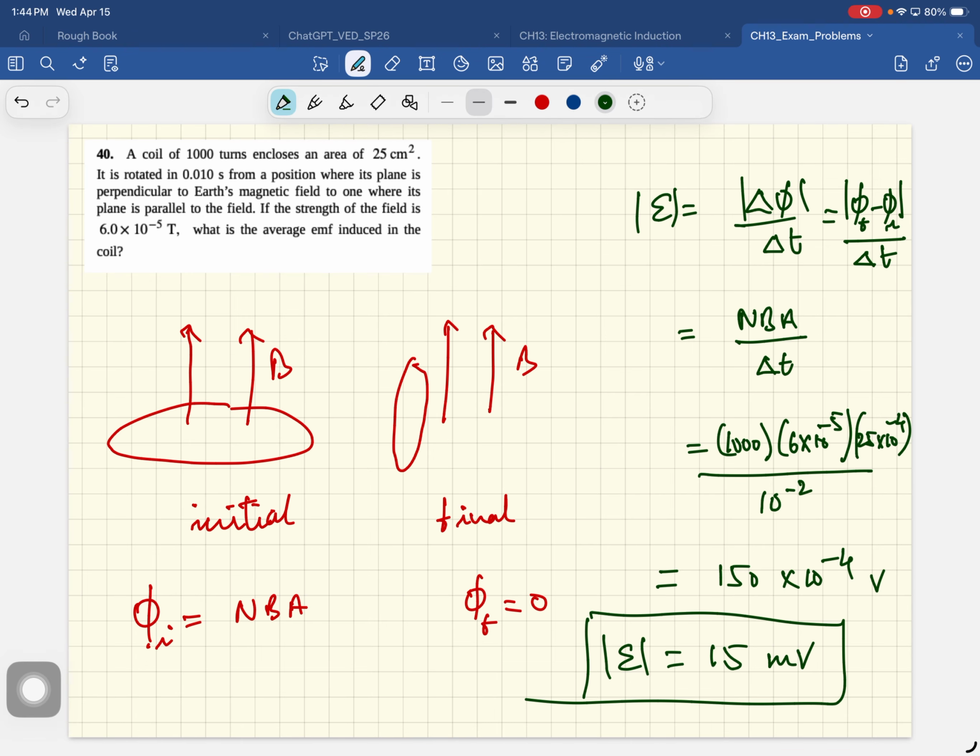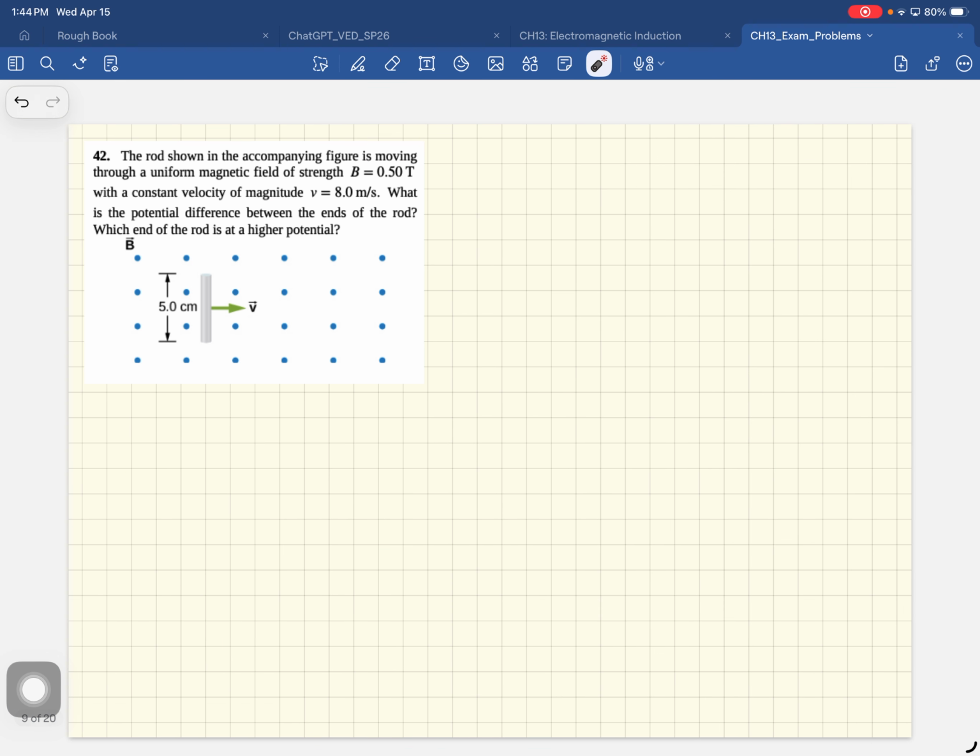And the magnitude of the force is QVB, since V and B are perpendicular to each other. The magnitude of an electron's charge is 1.6 into 10 to the minus 19 coulombs. The velocity is 5 meters per second. And the magnetic field is 0.5 Tesla.